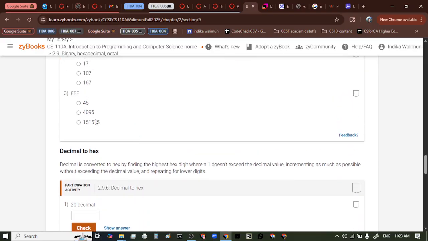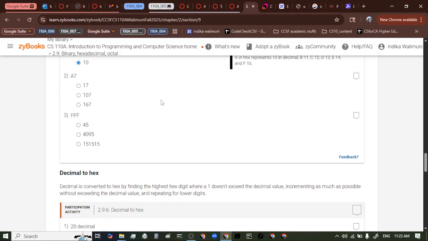So FFF is like, F is 15, 15, 15, right? Is that it, or something else?